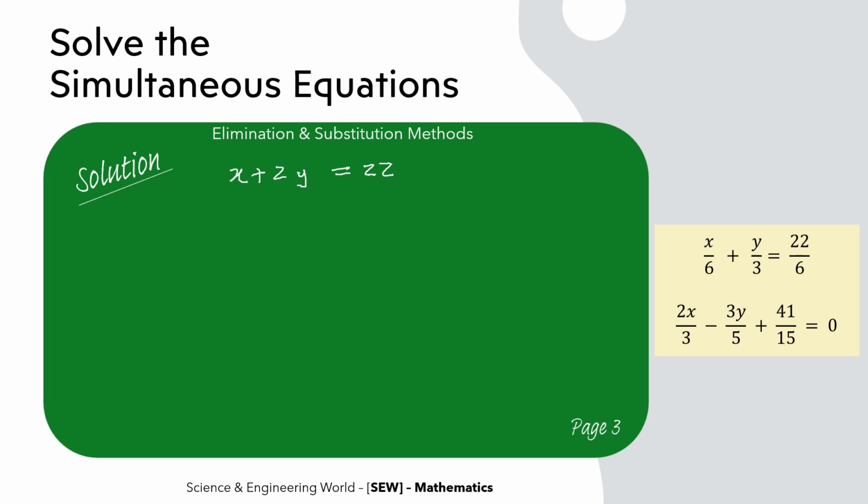The second one is 10x minus 9y equals minus 41. We will still keep them as equation 3 and 4.